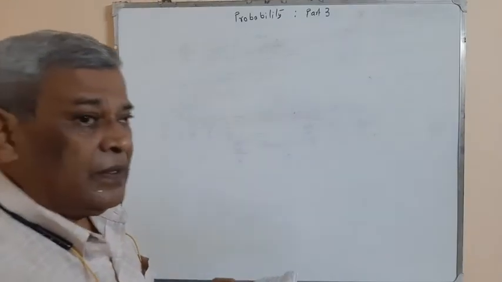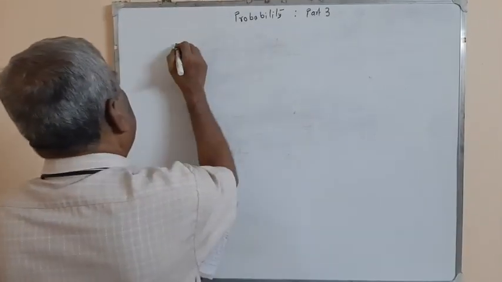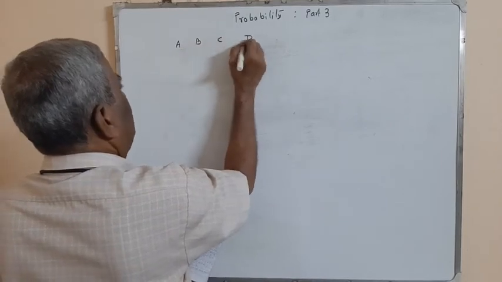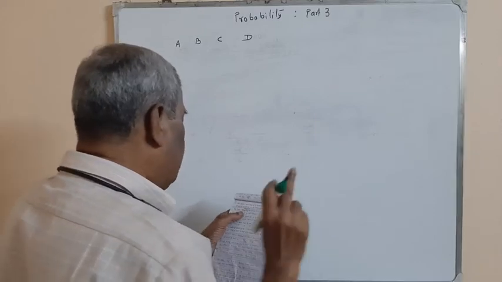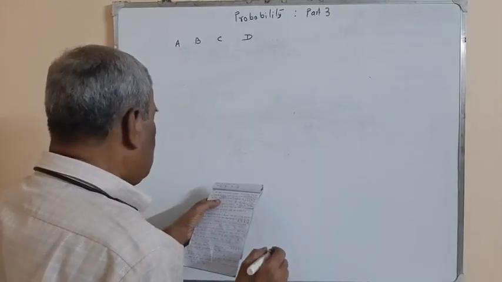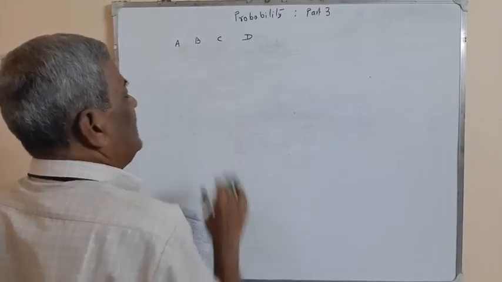An examination consists of 4 papers: A, B, C, D. One will pass if he passes in D and at least 2 from the rest. Rest means these 3 papers.